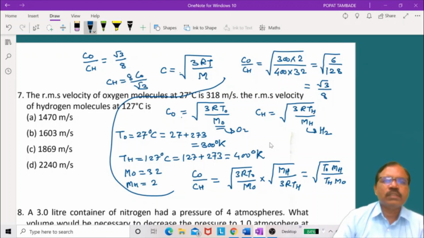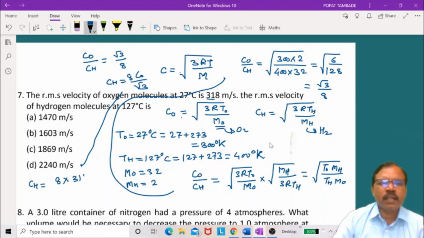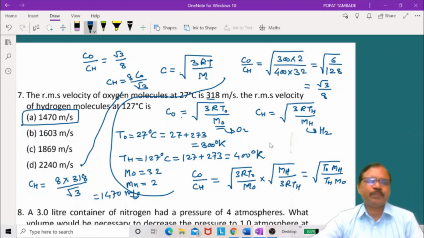Now we know C0 is 318. So CH is equal to 8 into 318 divided by root 3. If we calculate this, you will get 1470 meter per second. So this first one is correct.